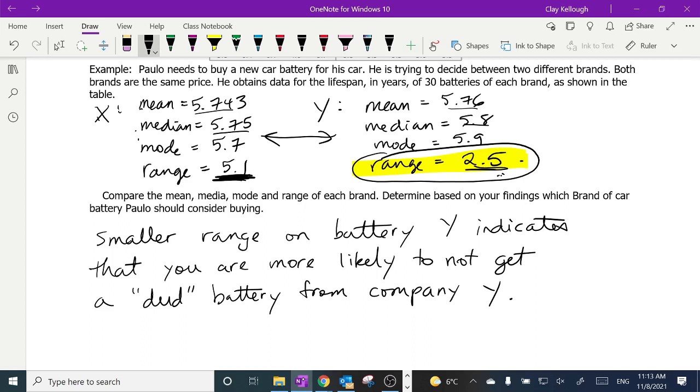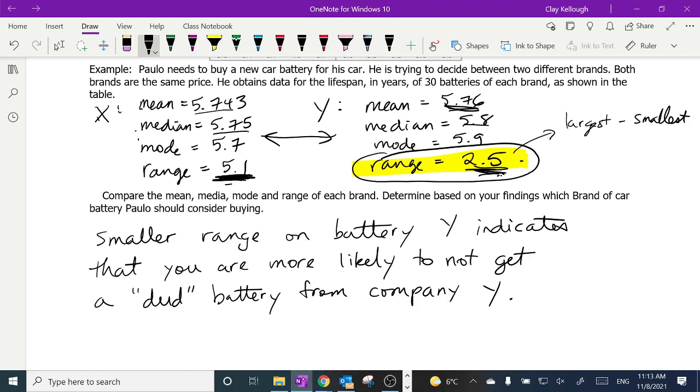Okay, question from the audience. Because the range is smaller, right? So remember what range is? Range is the largest value minus the smallest. The smaller the range is, the closer the data is to the mean.